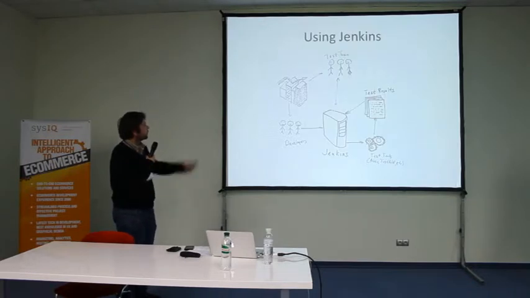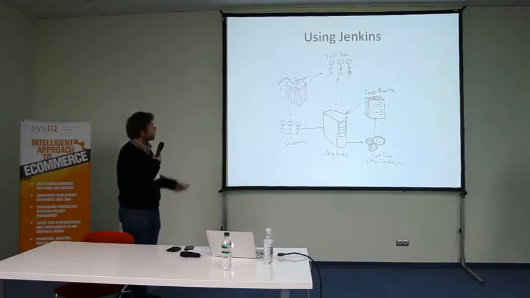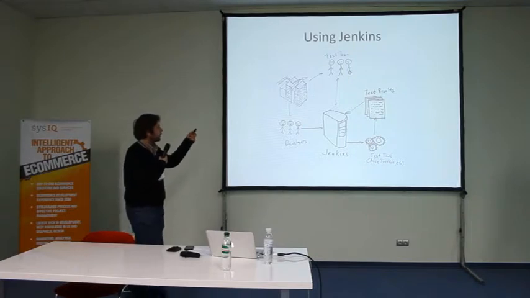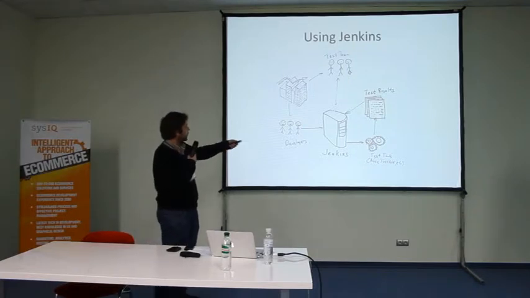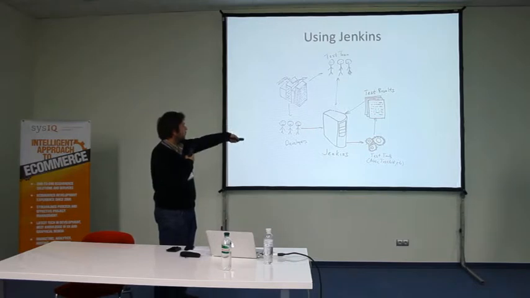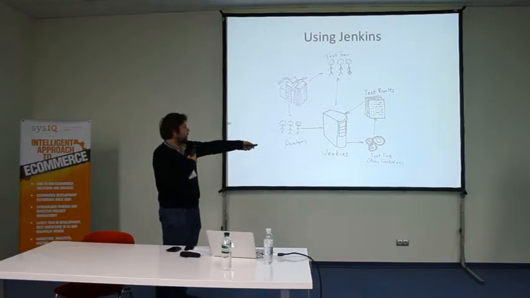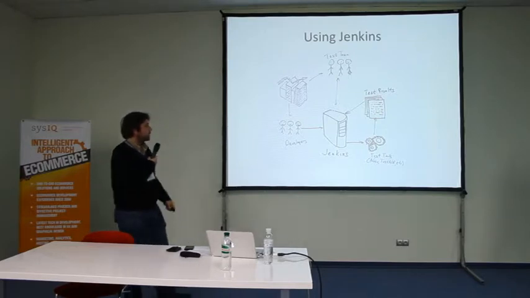So what is Jenkins? Developers communicate with Jenkins and the test team. They see what's happening and what the results are, and behind it there are test tools, nosetests, and so on.